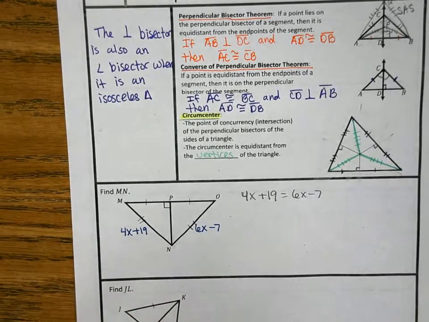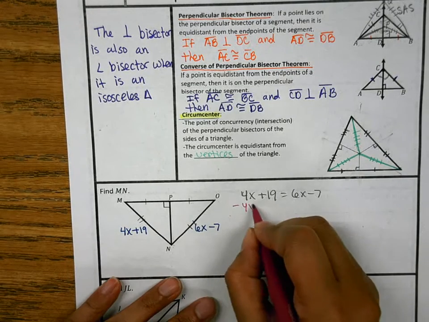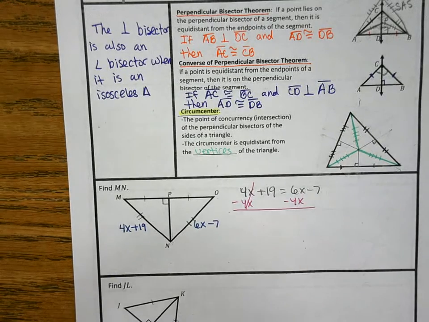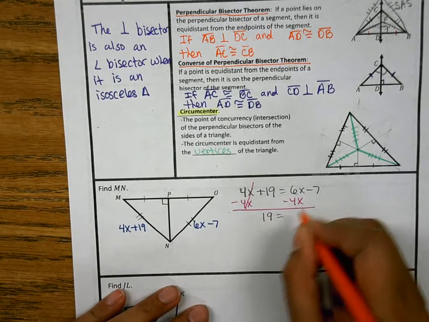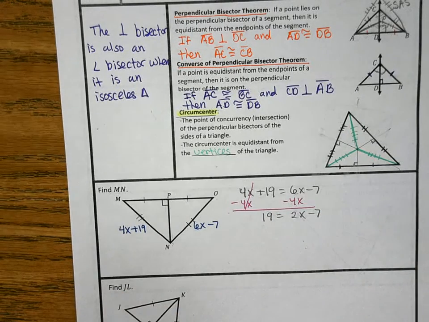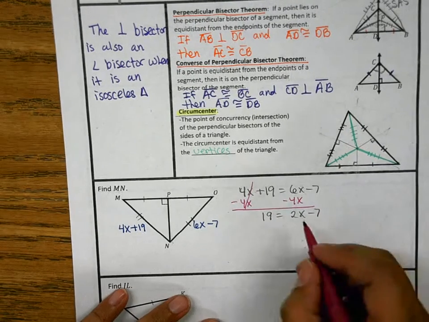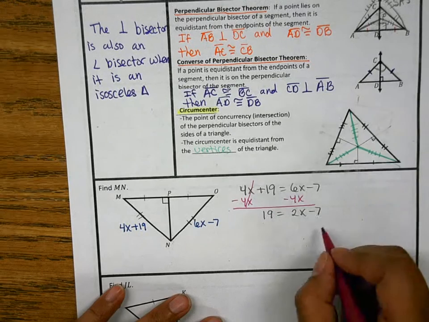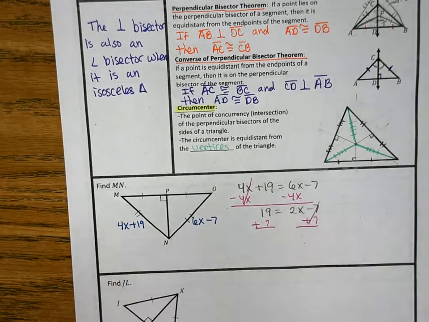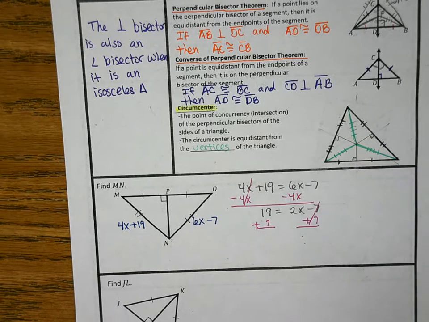4x plus 19 equals 6x minus 7, and we solve. Subtract your 4x. 19 equals 2x minus 7. Add your 7.